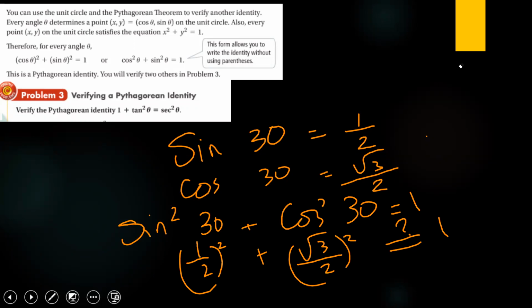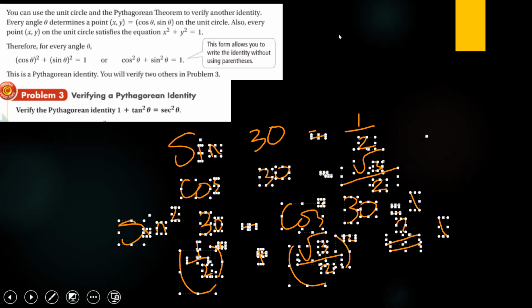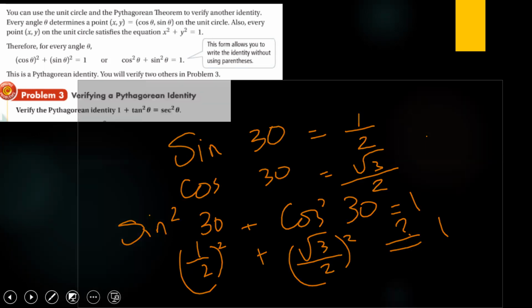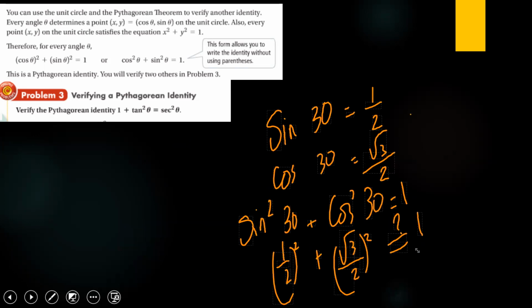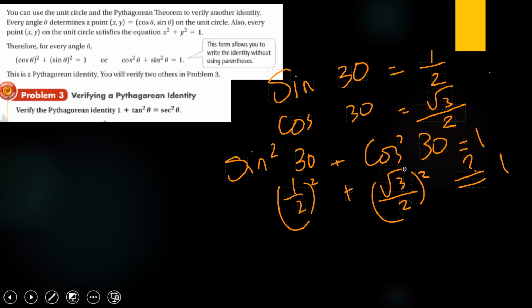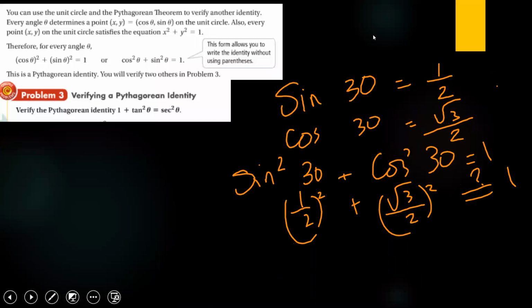So it will be 1 over 4 plus 3 over 4, which is 4 over 4.